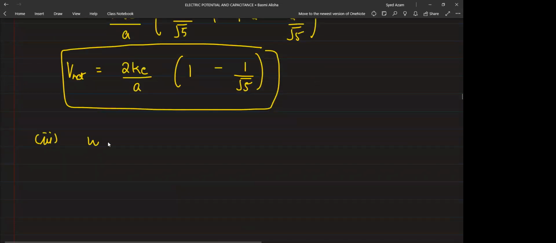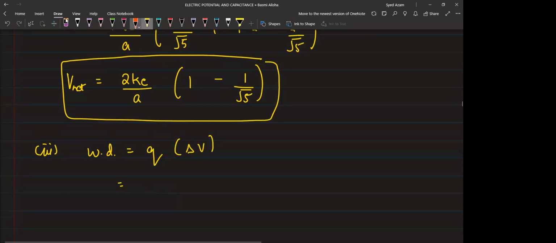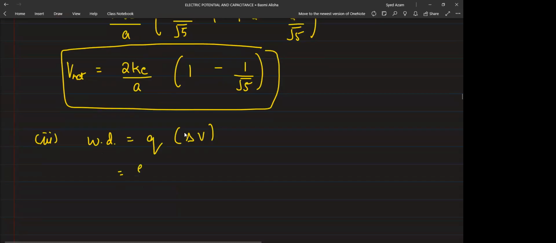When you are asked to calculate the work done, it is charge multiplied by change in potential. So charge is the protonic charge. What's the charge on a proton? E. Change in potential is final potential minus initial potential. Final potential means at point E, initial potential means at point O.